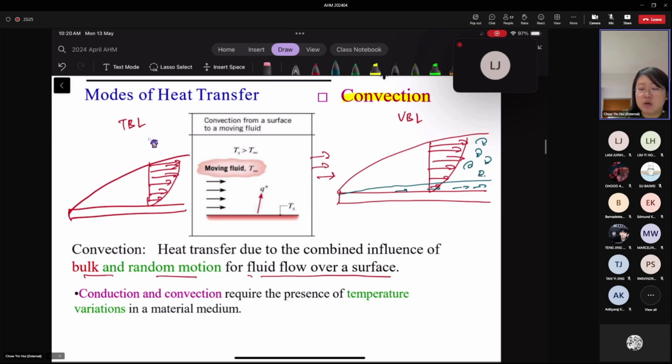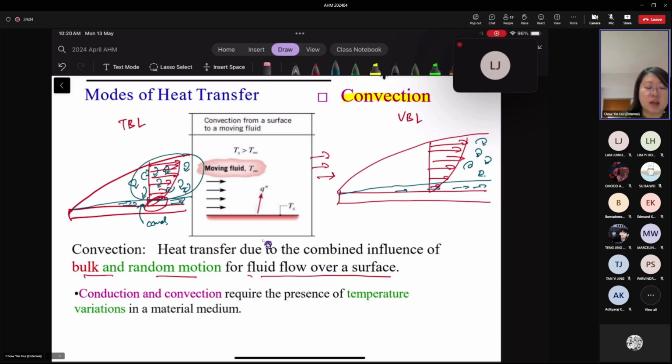That's why you can see here at the region very close to the plate, the temperature variation is higher, because fluid is flowing in a streamlined manner, so heat will be transferred mostly by conduction. Only when it's further away from the surface, there will be a lot of eddies that bring about a motion of the fluid, parcels of fluid moving from here and there, where convection mainly occurs.